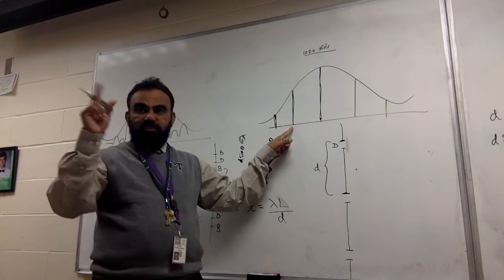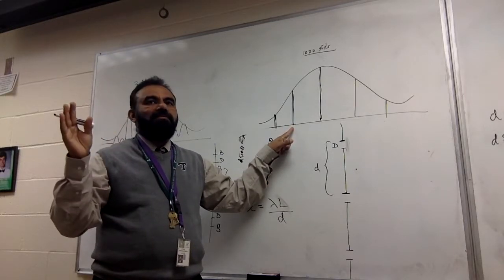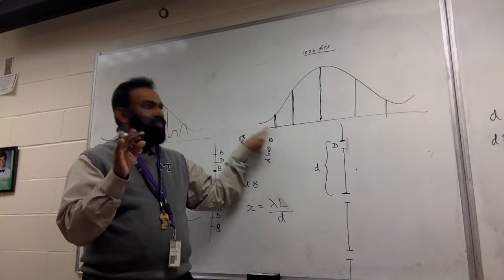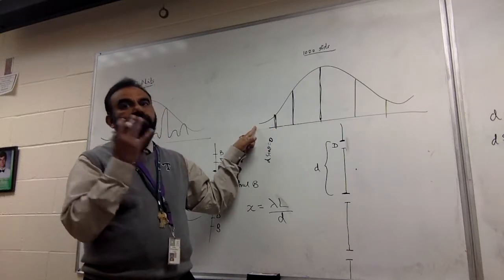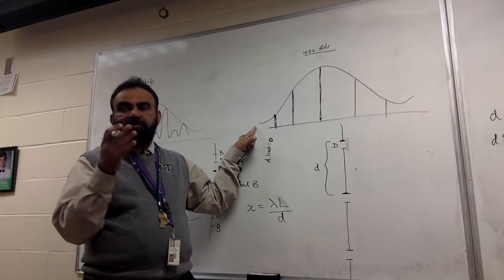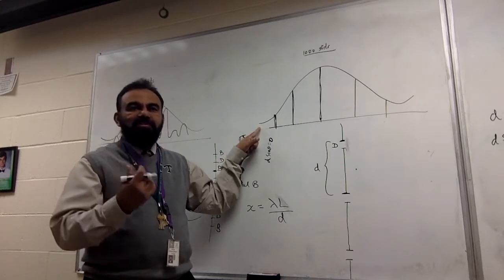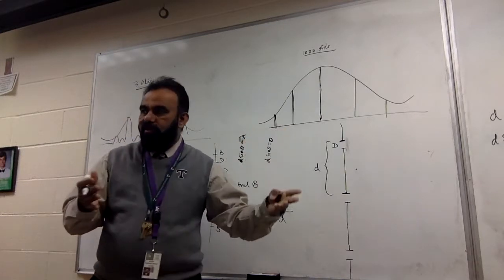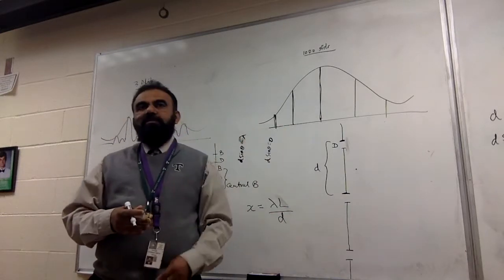This one is a first order diffraction. This is called the second order diffraction. And you may have a third order diffraction, possibly. Sometimes it's so feeble that you don't even see it. But the most stress is given to the first order because that will be more bright.